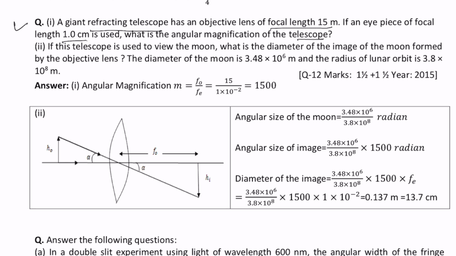Now, if the telescope is used to view the moon, what is the diameter of the image of the moon formed by the objective lens? The diameter of the moon is given as 3.48 into 10 to the power 6 meter, and the radius of the lunar orbit is 3.8 into 10 to the power 8 meter. Very good question. Here the concept will also be clear. Okay, let's see.